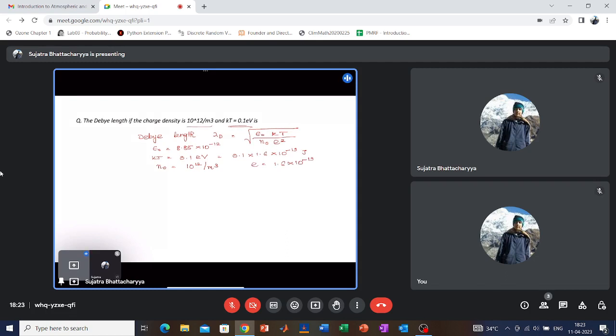So now we can easily calculate the lambda D just putting the expressions. So we are getting 8.85 into 10 to the power minus 12 into 0.1 into 1.6 into 10 to the power minus 19, divided by 10 to the power 12 into 1.6 into 10 to the power minus 19 whole square.